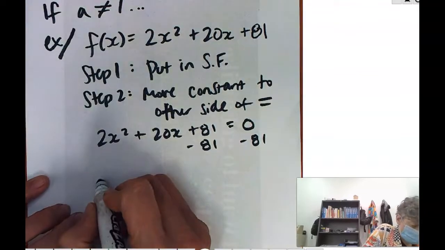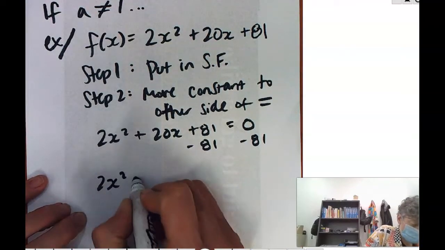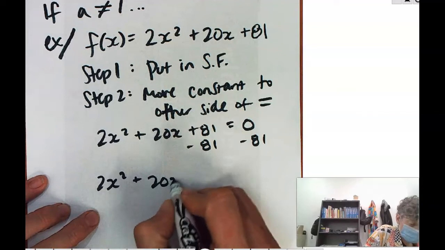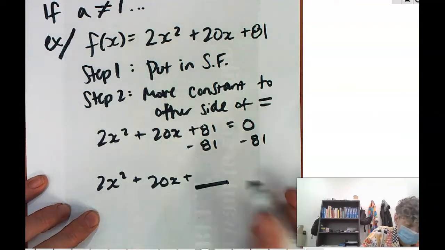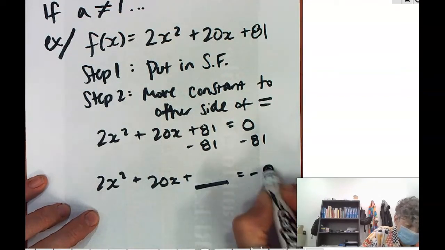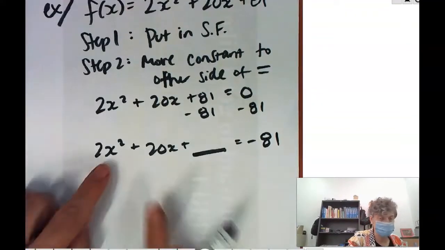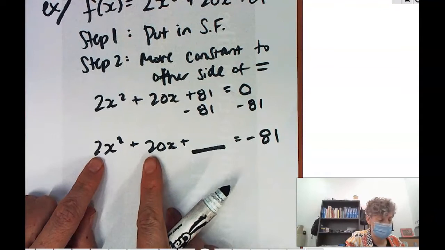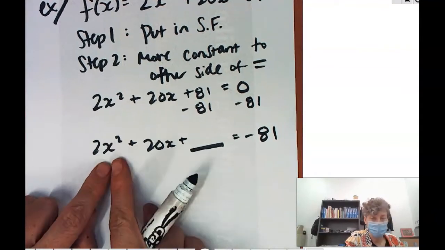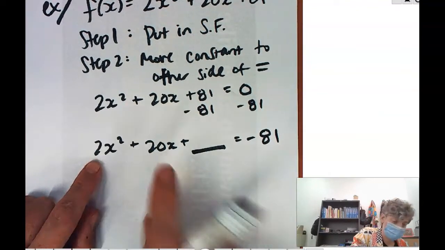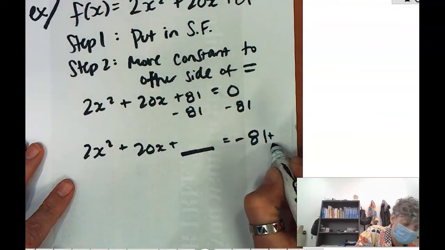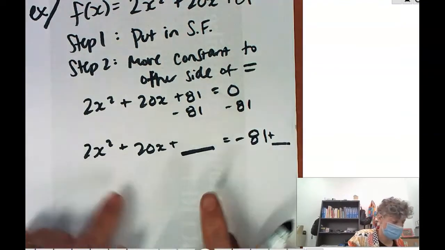So we'll have 2x squared plus 20x plus something is going to equal negative 81. Now this time we should see there's a number GCF that we can take out here. Oh, I need a y plus box over there.